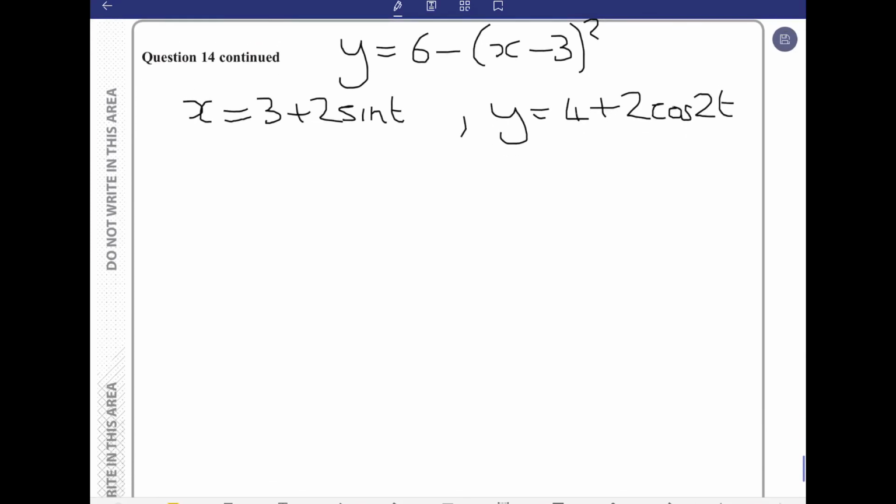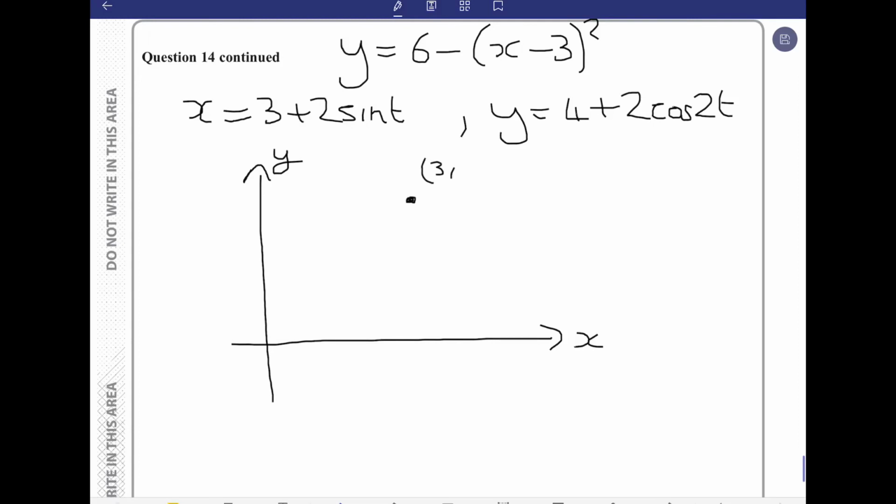From our equation for y, with x on this axis and y on this one, there's going to be a maximum point at (3, 6), somewhere around here. We can read this straight from the formula because it's in completed square form. We also know it's a negative parabola because we have a negative x squared.